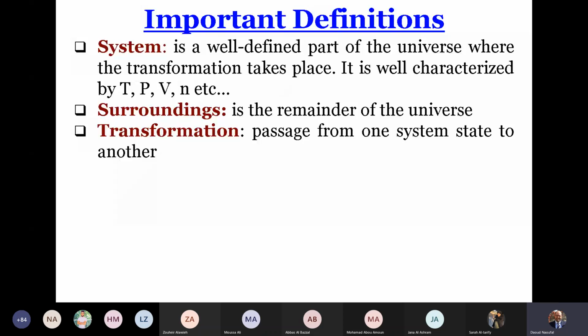So the student made a transformation. Why? Because he passed from a system of well-defined properties to a system of other defined properties. So this is a transformation. It's the pass from a system of certain properties to a system of different properties.